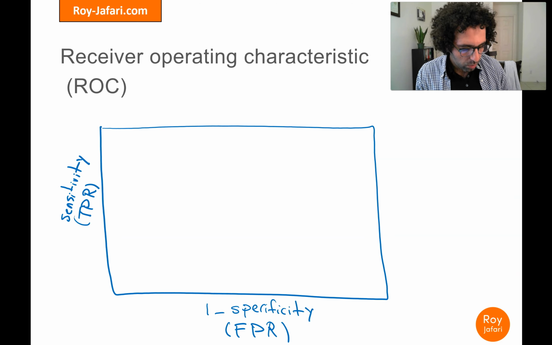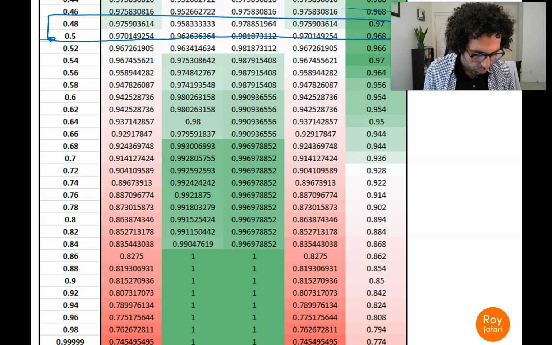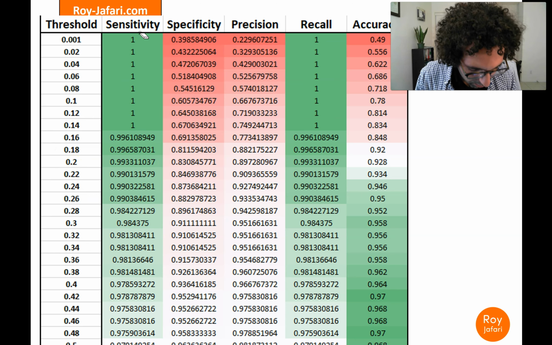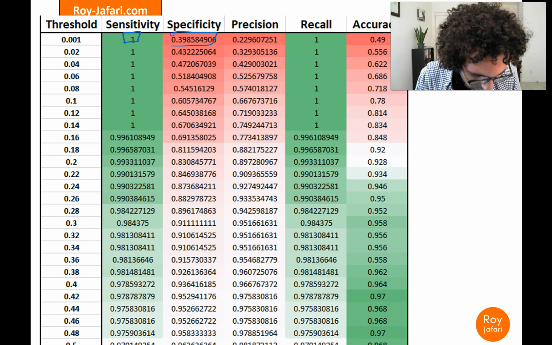So when you draw those points, you start putting specificity and sensitivity on your chart.